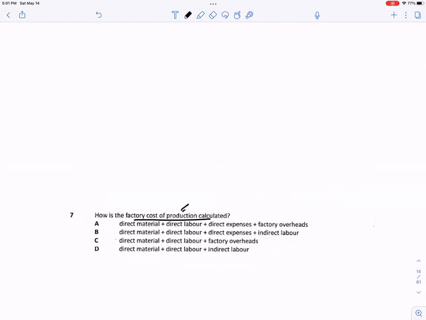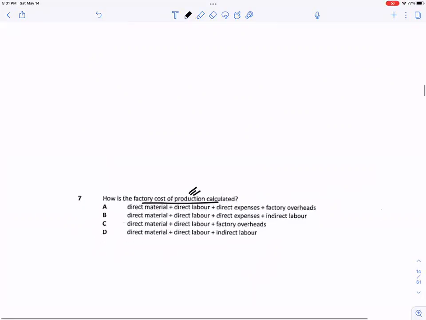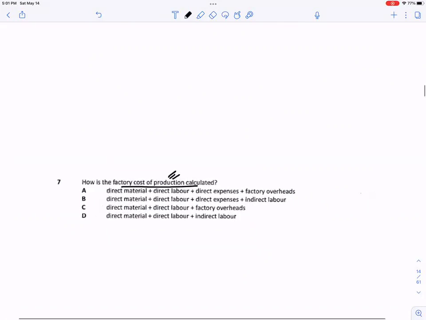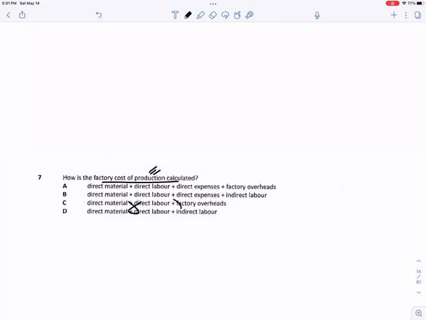How is factory cost of production calculated? First, prime cost should be there. In these two options, prime cost is not there, so I will not consider them. Prime cost is made up of direct material plus direct labor plus direct expenses.